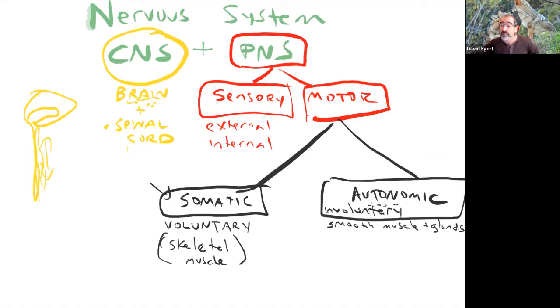That's not something I have voluntary control over. These are muscles that are operated by your brain. This autonomic has two subdivisions that you need to know about. Autonomic is further subdivided into the sympathetic and parasympathetic.